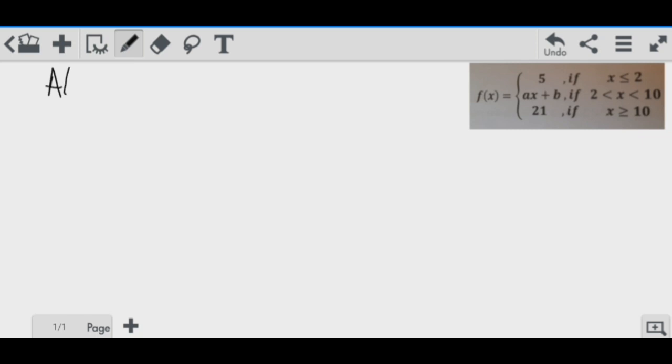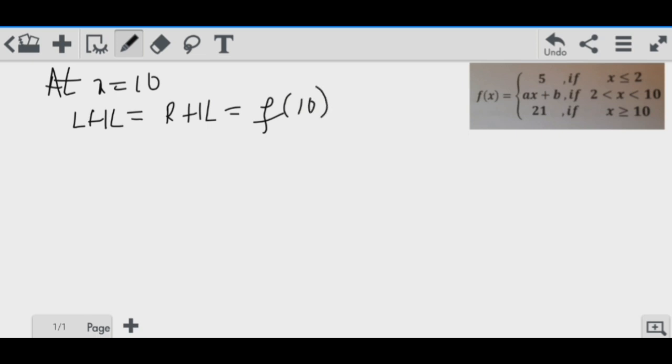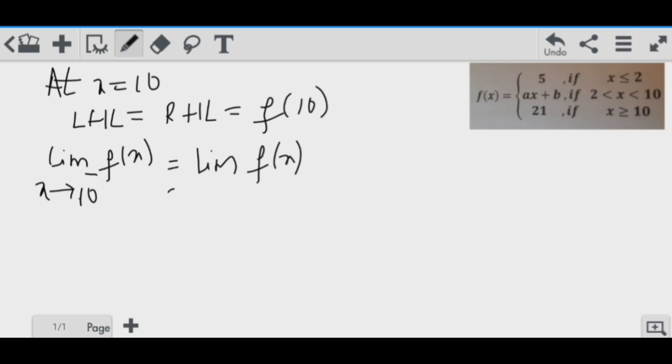Similarly at x is equal to 10, LHL is equal to RHL is equal to f of 10. So whenever you are considering LHL, limit of function f of x as x tends to 10 minus is equal to limit of f of x as x tends to 10 plus is equal to f of 10.